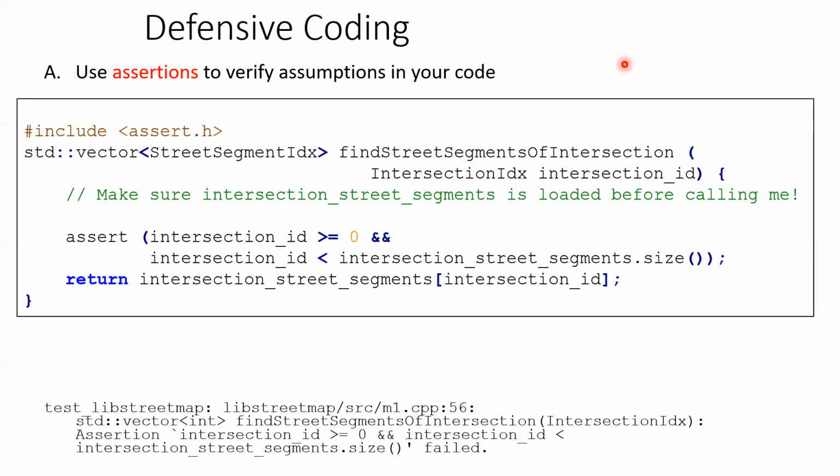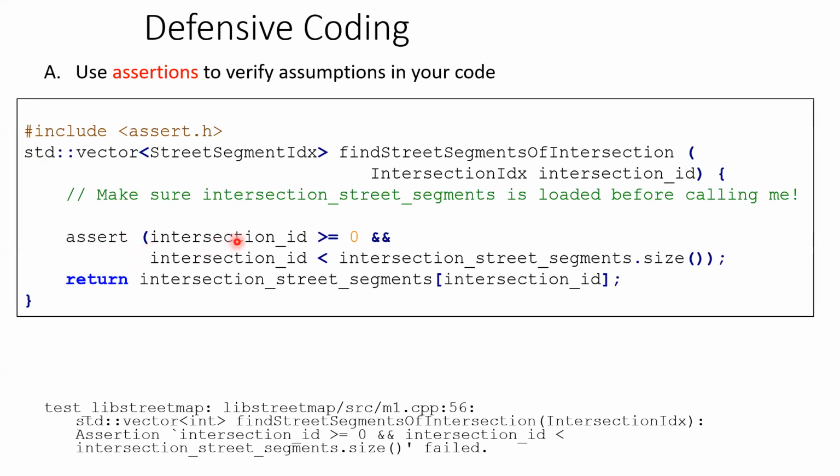For example, we want to make sure that we're using a right ID, not an ID that's out of range. And we want to make sure that this global variable has already been loaded, which is why we add in this assert. To use asserts, you have to first include the assert.h library, and then use assert.